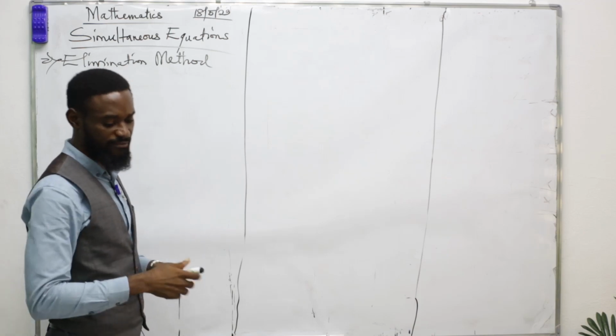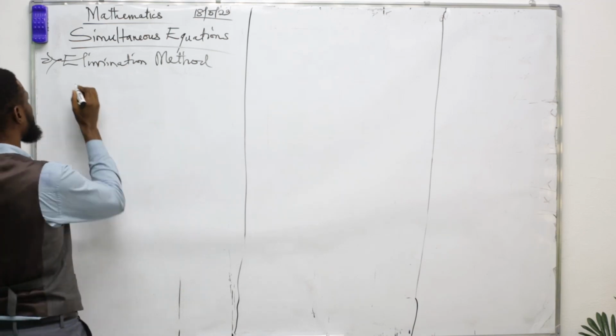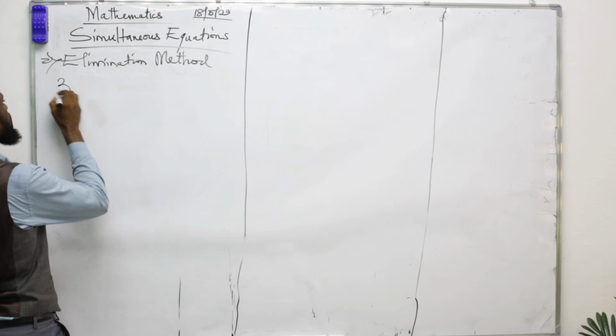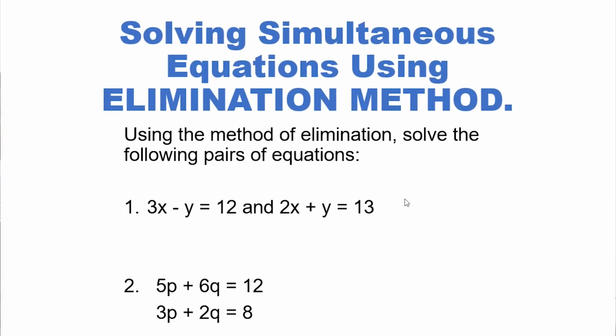The first question I have there for you is 3x minus y is equal to 12, and 2x plus y is equal to 13.